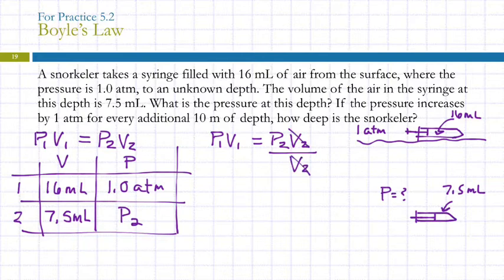It cancels out. In order for this to remain an equality, though, I have to do the same thing to both sides. You can think of a math equation as being like a balanced teeter-totter, right? If I do something to one side of the teeter-totter and I want it to stay balanced, I need to do exactly the same thing to the other side. So if I divide one side by V2, I need to divide the other side by V2.